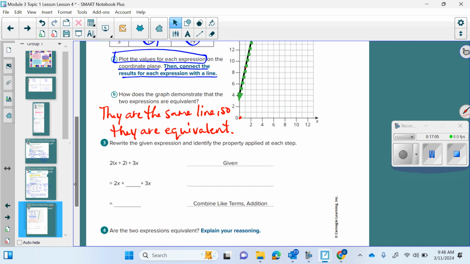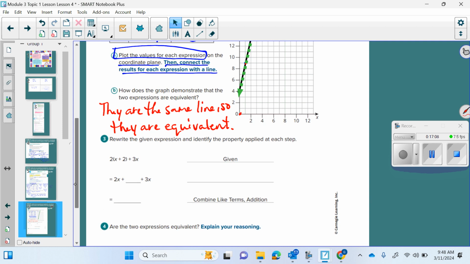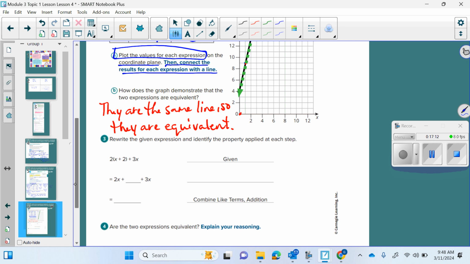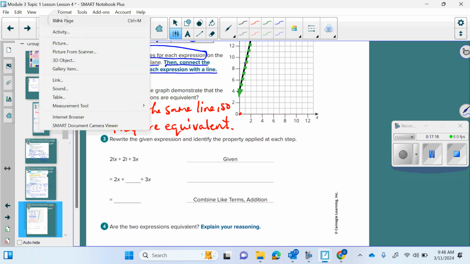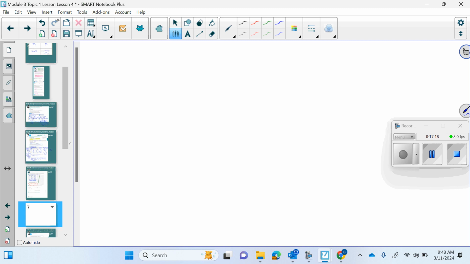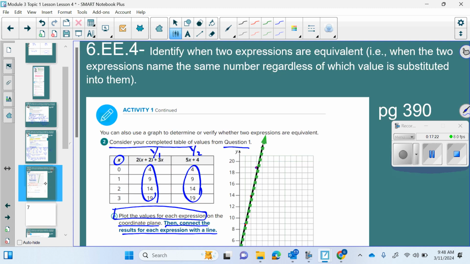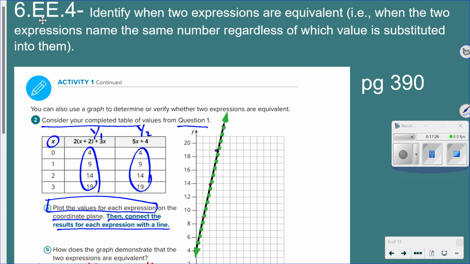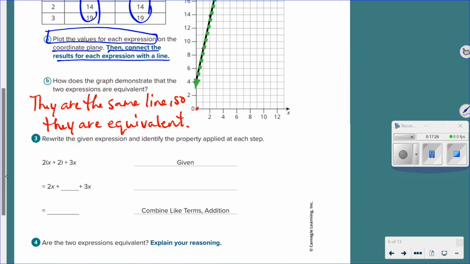Now, guys, this next part, we're giving you a preview of high school algebra and geometry. The reason is, when you are doing high school algebra, you have to be able to justify every step you do.